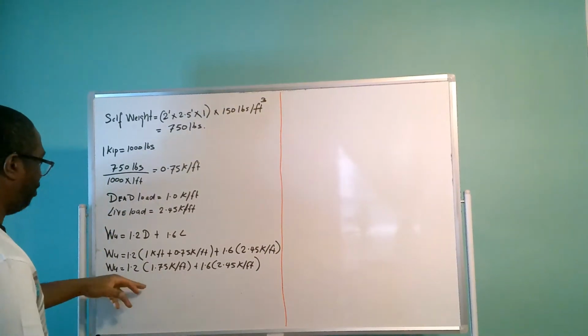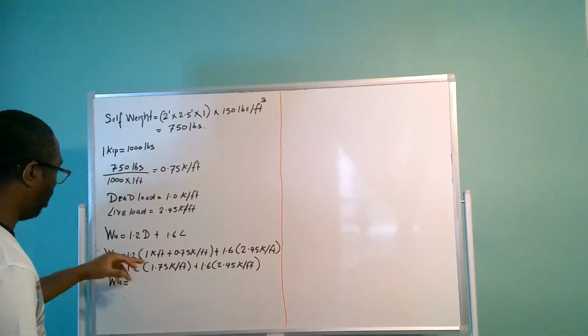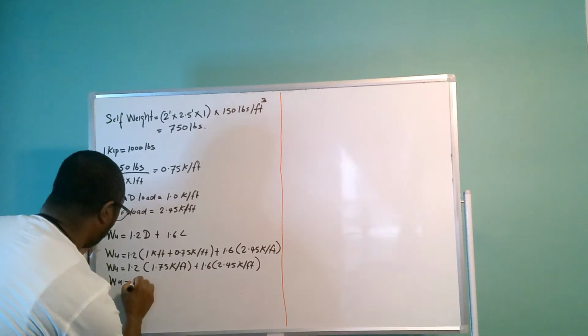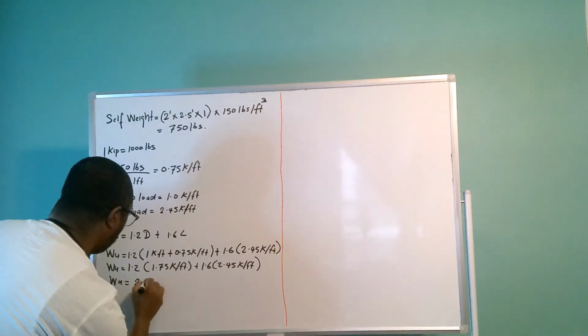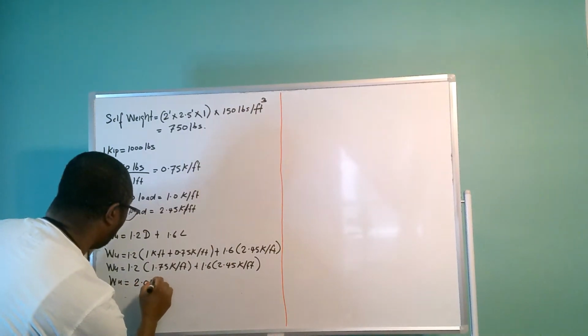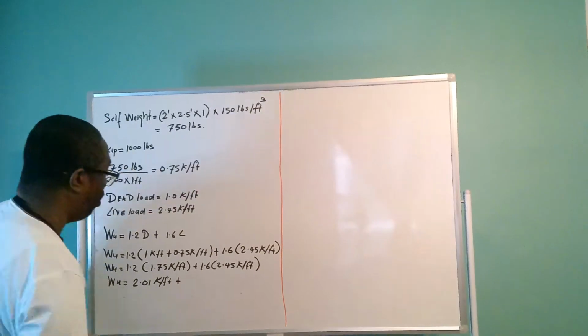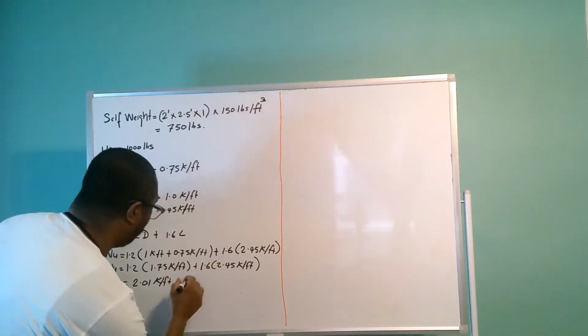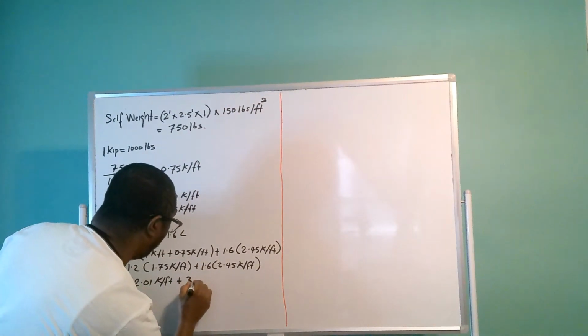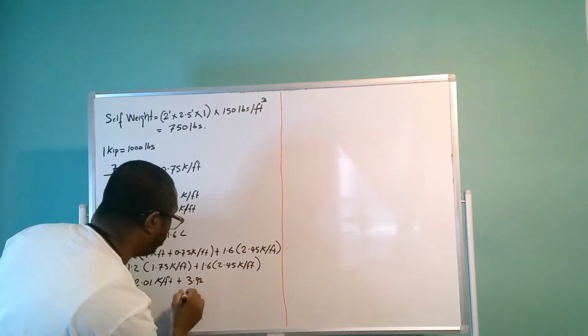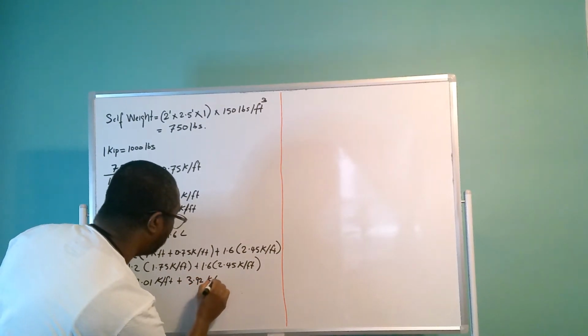So 1.2 times 1.75 is going to give you 2.01 kips per foot, plus 1.6 times 2.45, that is going to equal 3.92 kips per foot.